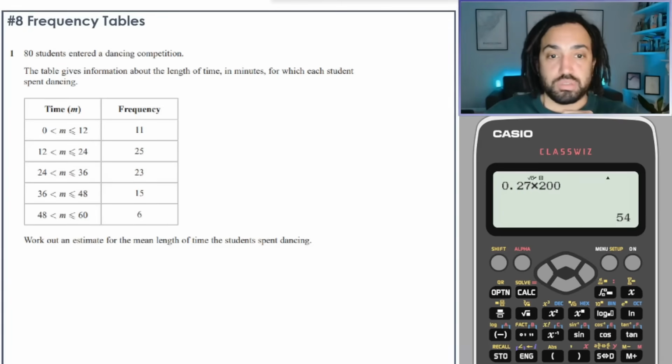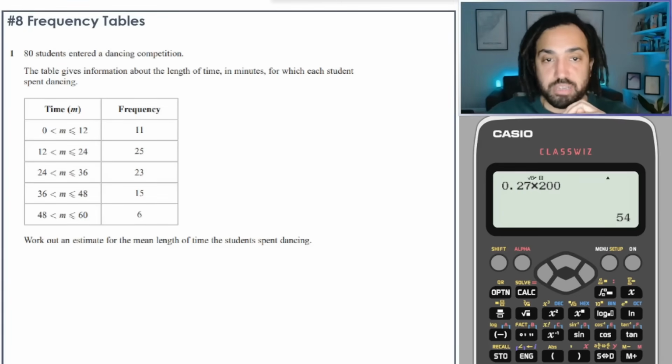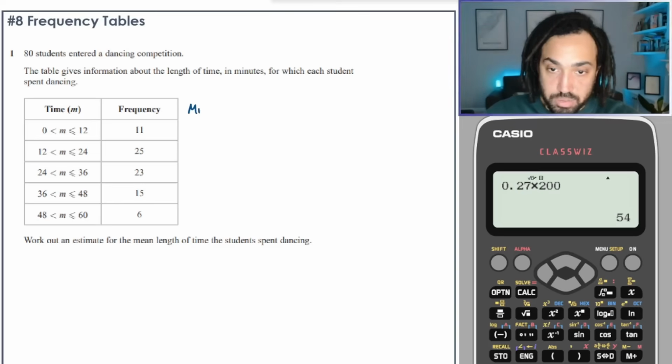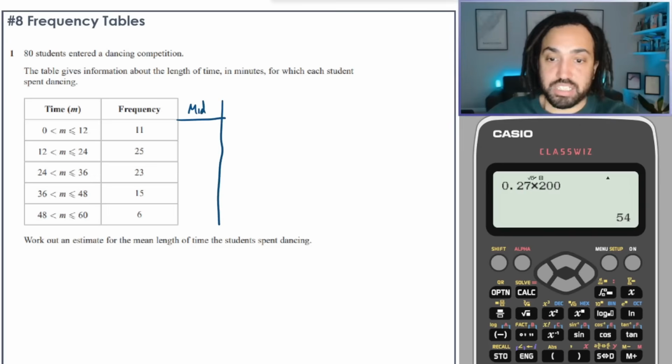Frequency tables. Okay, so a frequency table tells us, in this case, there are 80 students entering a dance competition, and it tells me the length of time for which each student spent dancing. So what we need to do is write a new column called midpoint, because that's going to be the average that each person in that row spent dancing.